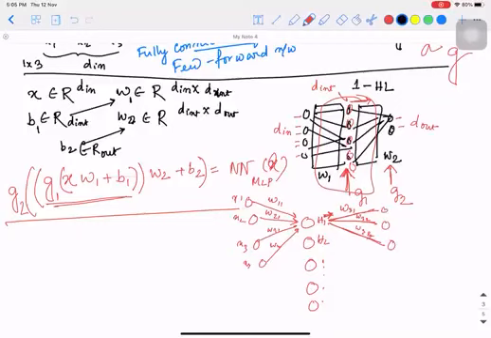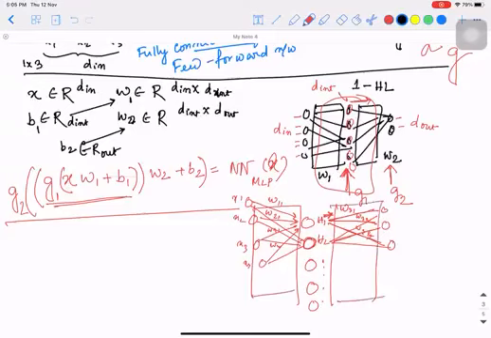You understand what I'm saying? Similarly, with weights and some activation, you generate an output value, and you pass the output value to the next layer by multiplying it with the weights. So here you have two weight matrices. I call the first one W1, and I call the second one W2.